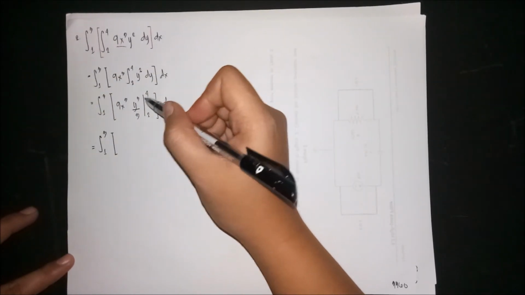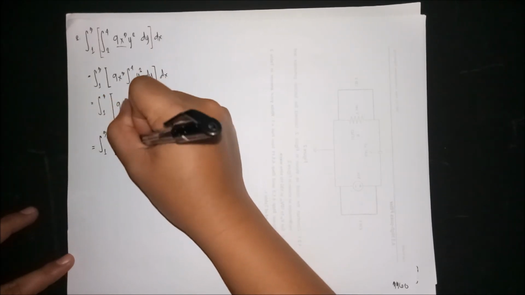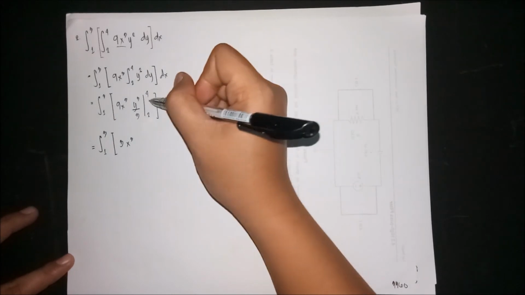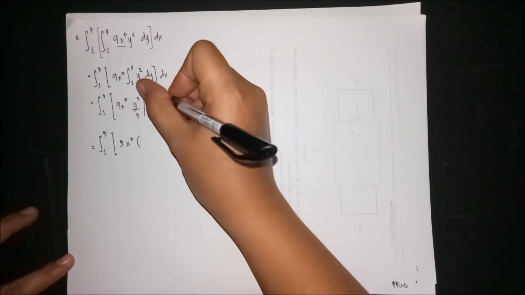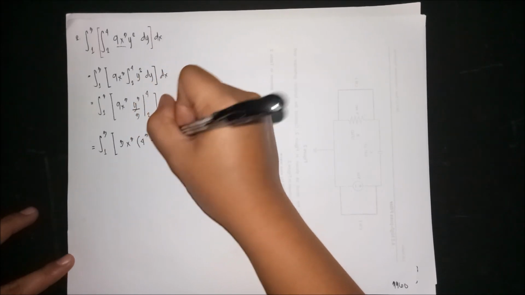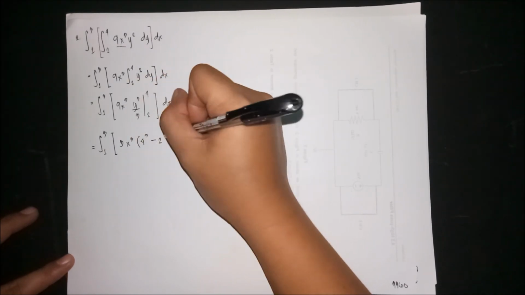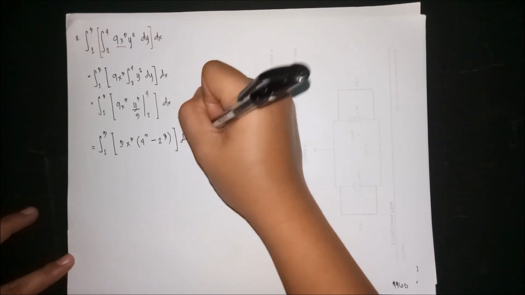Class, I'll simplify this. Divide this 9 by 3, okay? So, I now have 3x cubed. Then our limit, class, I'll implement it. So, we have the upper limit 4, that's cubed, minus the lower limit 2, that's cubed. And dx. And then class, let's simplify inside the bracket, then proceed to the outer integral.